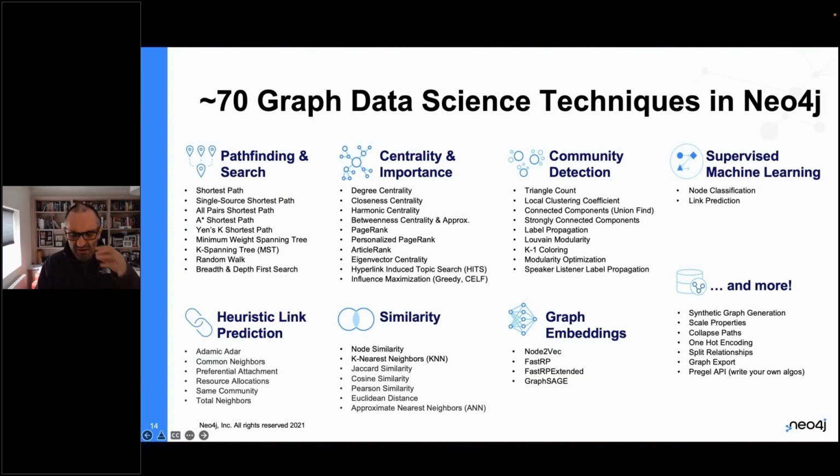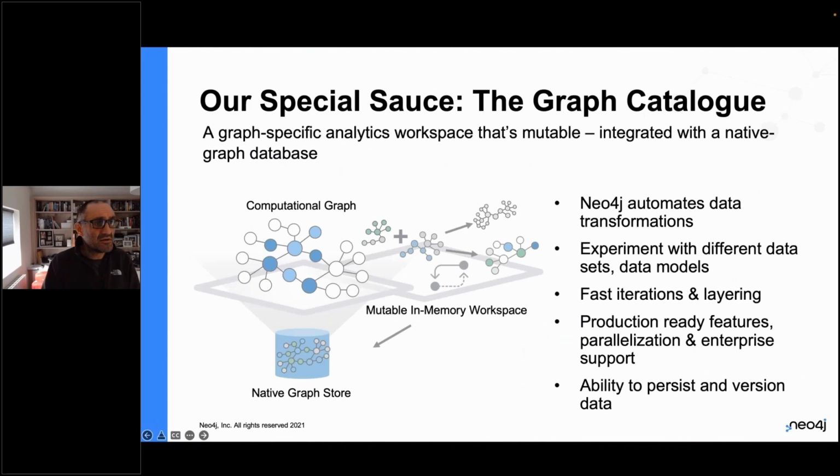So it's a very rich library, and what's more, it's trivial to use. You don't need to be a database expert to use these. It's a very simple workflow. So as I said, our special sauce we think of is the graph catalog, and this is an analytics workspace, a data science workspace that enables you as a data scientist to effectively run experiments.